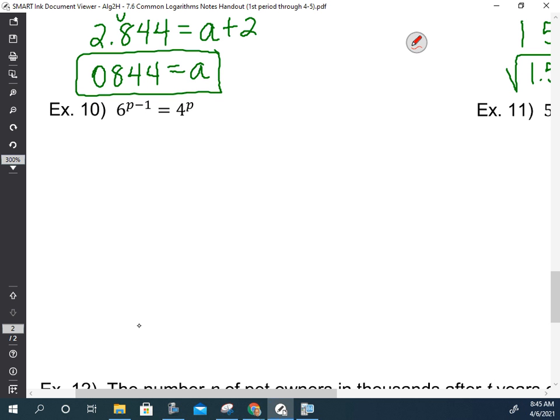So the first thing we have to do, since we can't rewrite the 6 or the 4, is take the log of both sides.